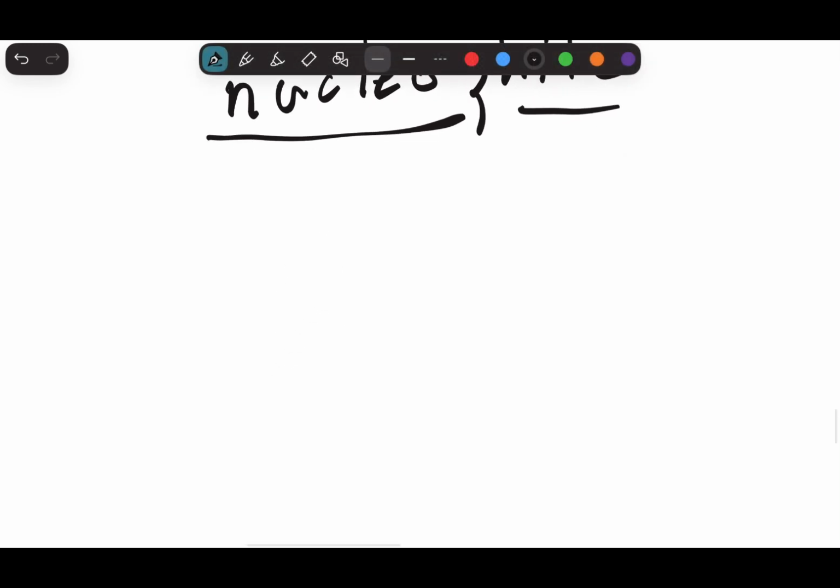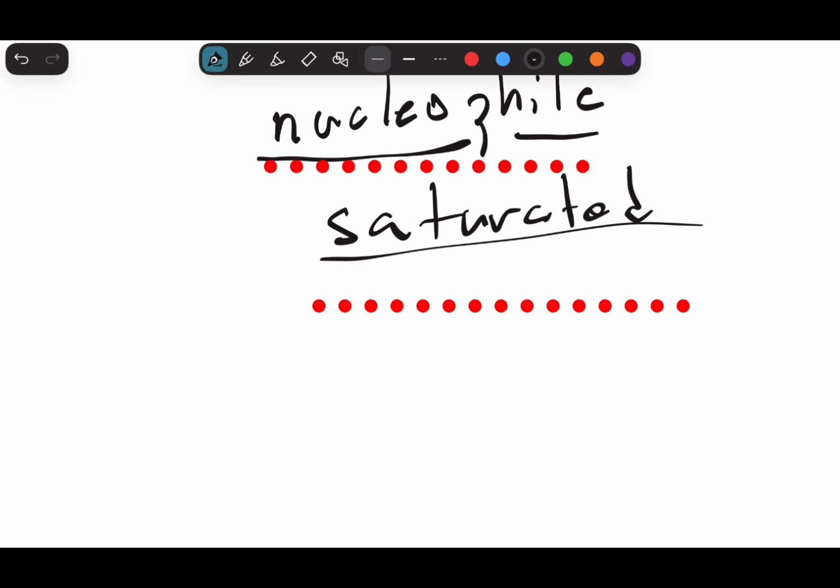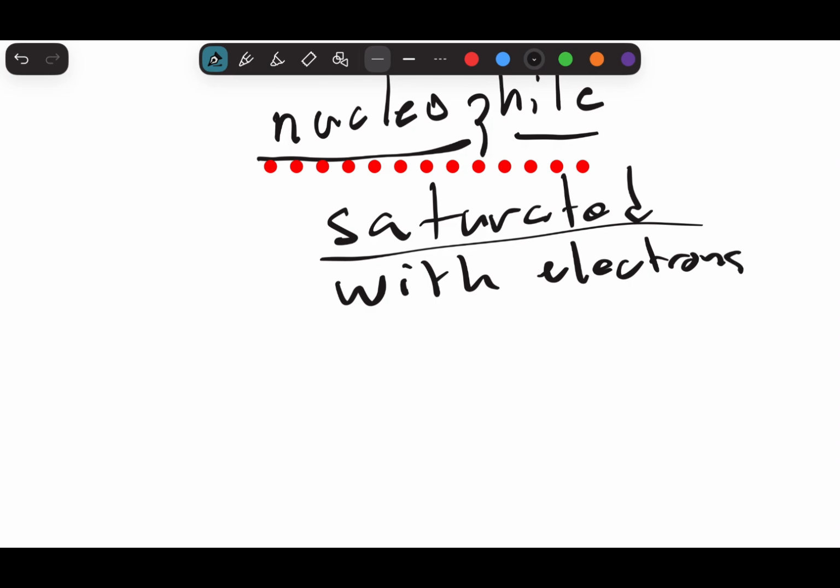And these nucleophiles are always saturated with electrons, hence the negative and positive attraction, okay?